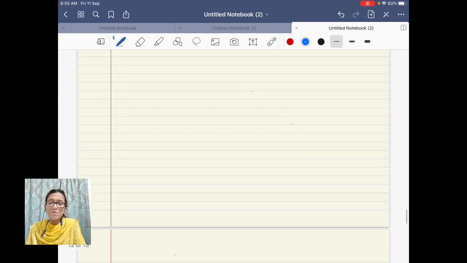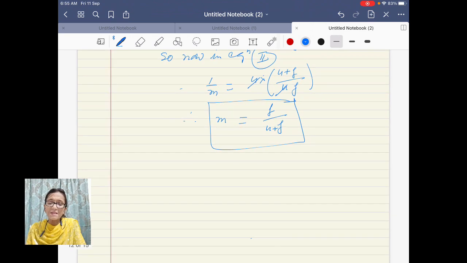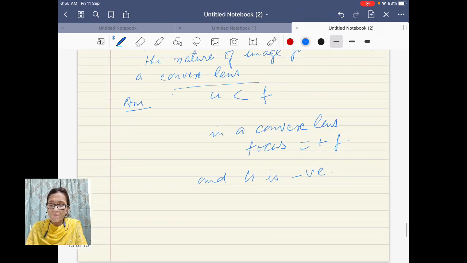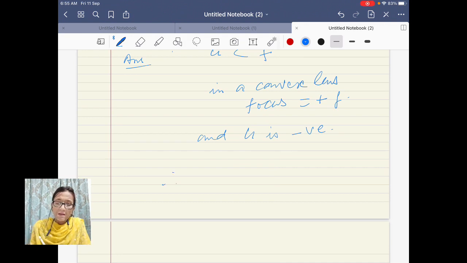So now let me use this formula of magnification. m is equal to f divided by u plus f.